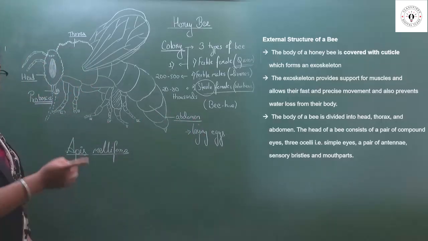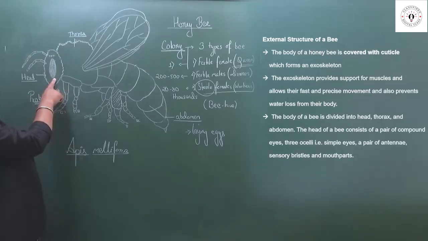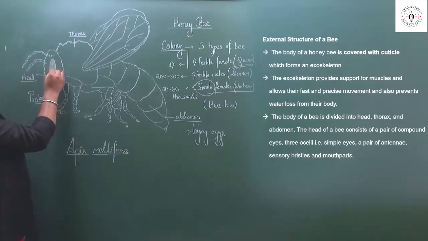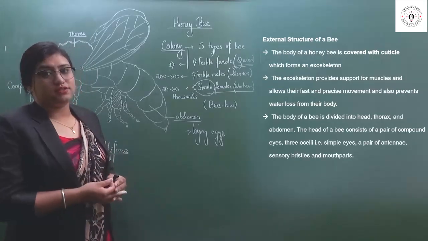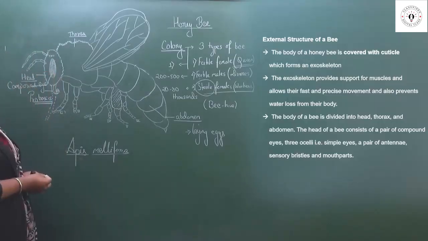So let's come back to the head. Here, you can have a look that the head consists of a pair of large compound eyes. This one is the compound eye. Mostly the head part is all covered by the large compound eyes.